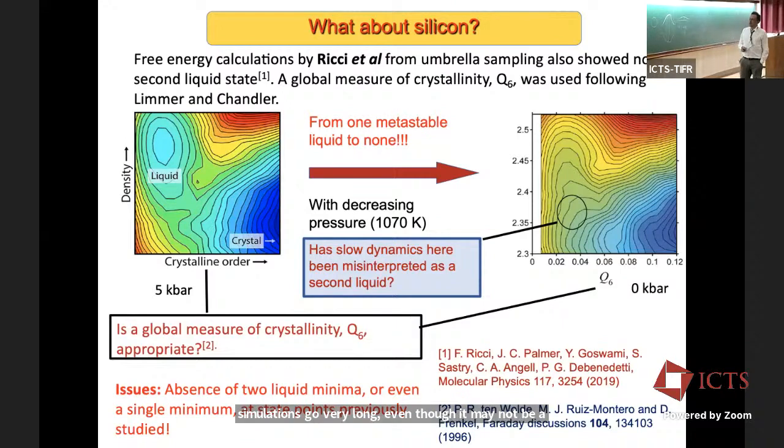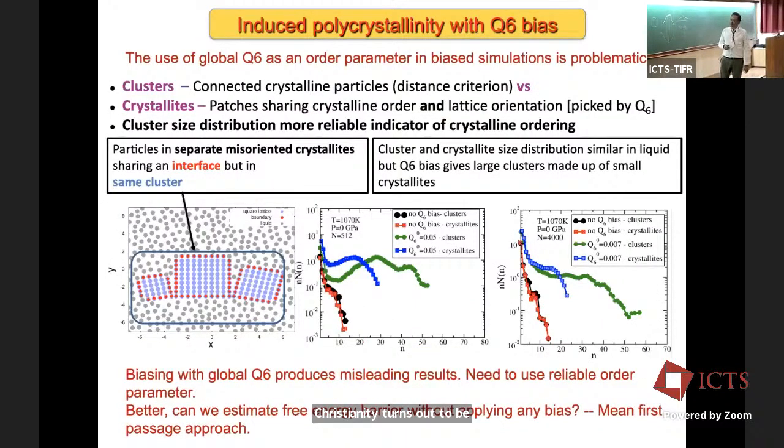And it turns out that the reason for this is that the global order parameter to characterize crystallinity turns out to be a problem. So let me just begin by illustrating that.